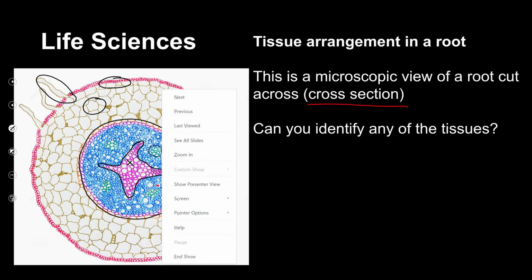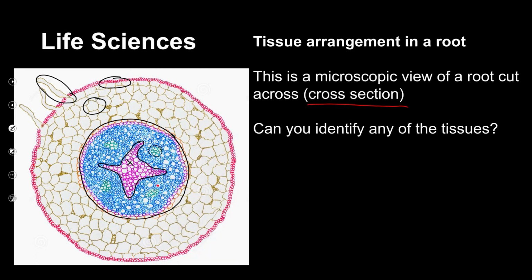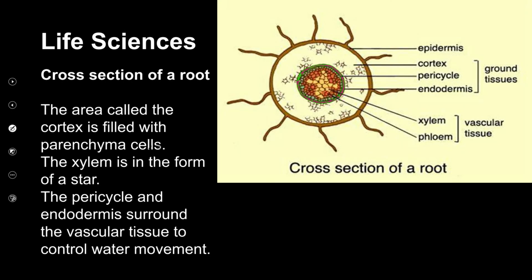And that is where the phloem is found. So, even though we've never looked at the root before, just by thinking about where the different cells are and which particular type of cells need to be in the root, we can get a pretty good idea of what it looks like.